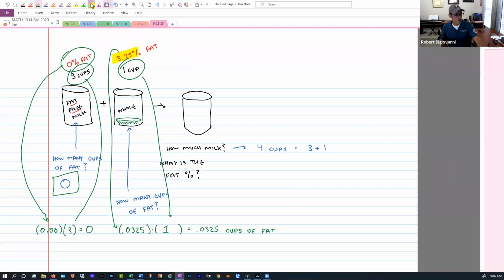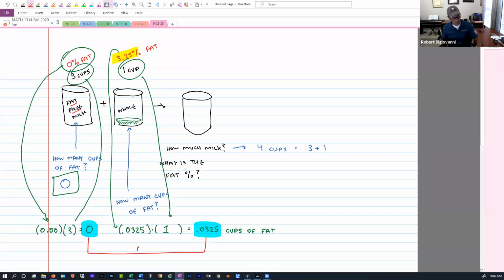So what we're looking at is this. From the first cup, we have no fat. From the second cup, we have 0.0325 cups of fat. So how much fat is in the new mixture total? How would we figure that out? Take those two and just add them together, right? That's how much fat's in the new one.